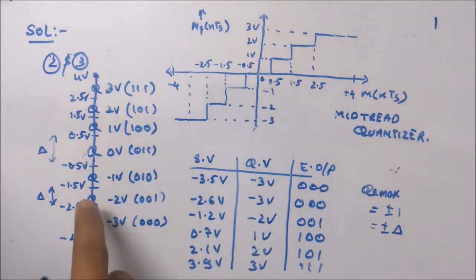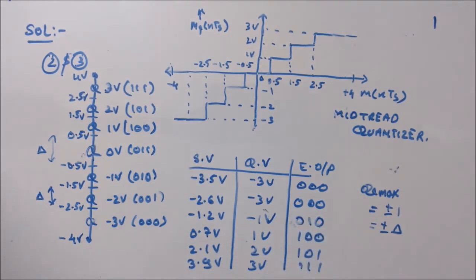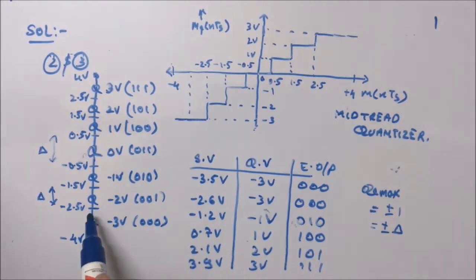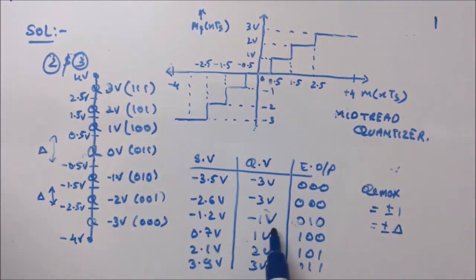Minus 1.2 lies in this range, so it will be minus 1 volt, and the code will be 010.